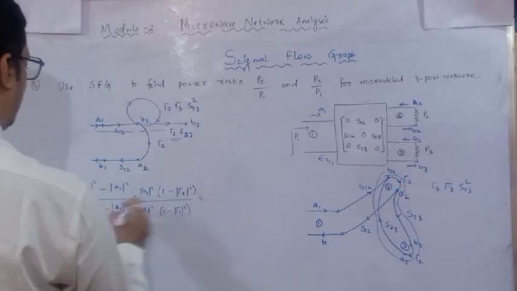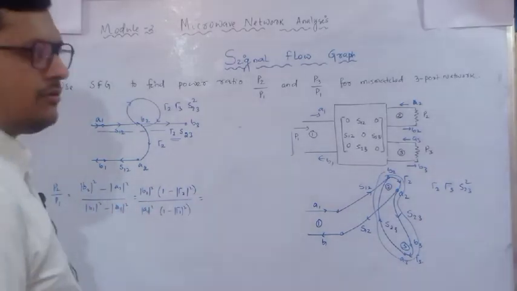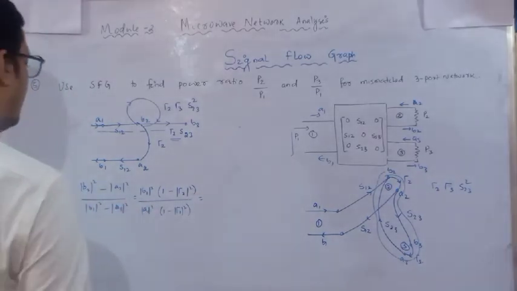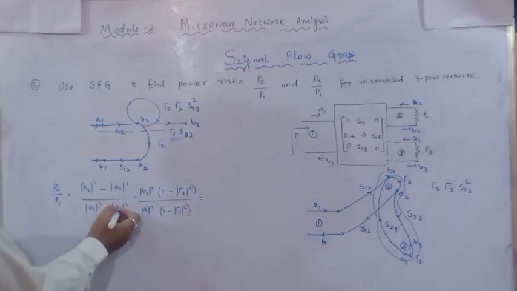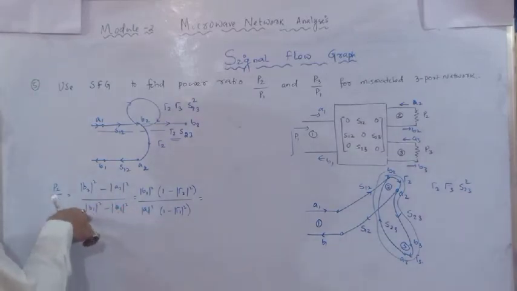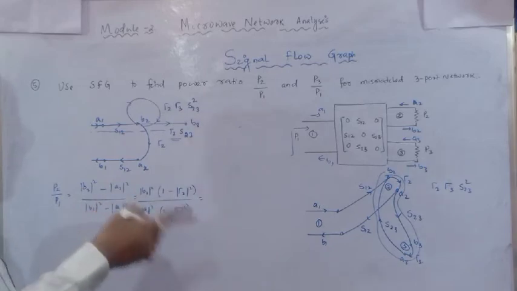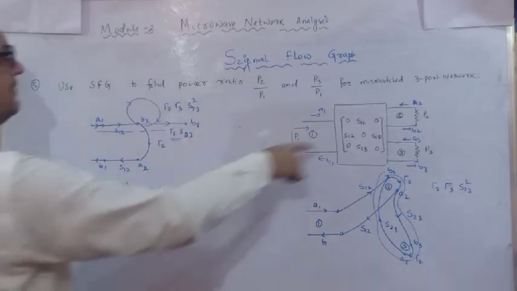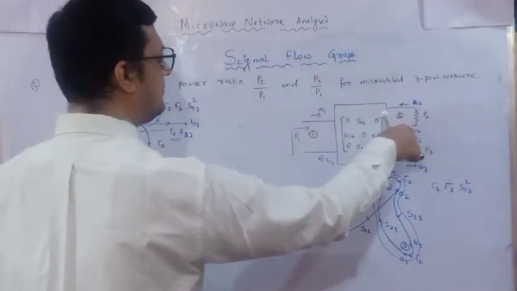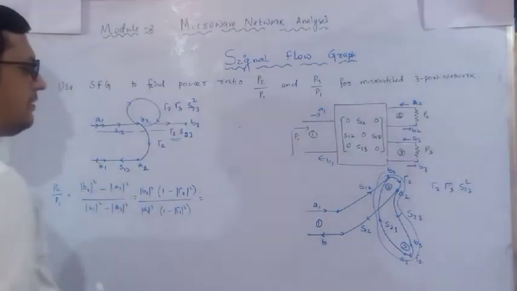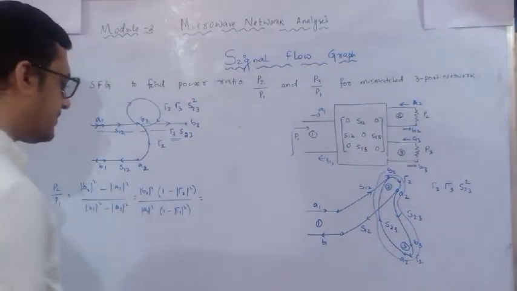Done? Because A1 by B1 is reflection coefficient square. So if A1 is taken, B1 by A1 is reflection coefficient square minus 1. Here for B2 it should come as 1 minus reflection coefficient, but since the power is moving out, this B2 by A2 you will get your reflection coefficient 2.